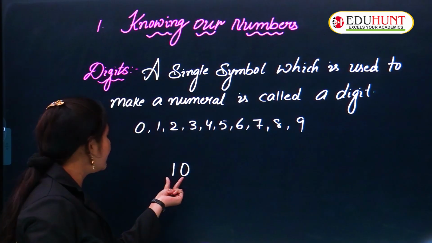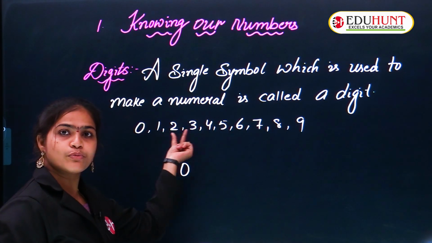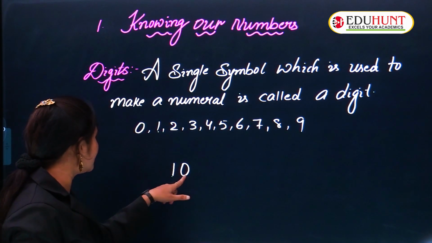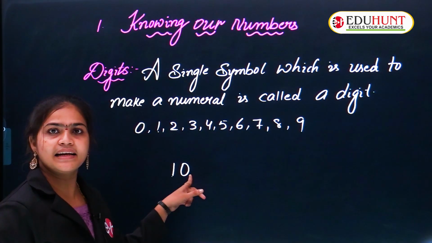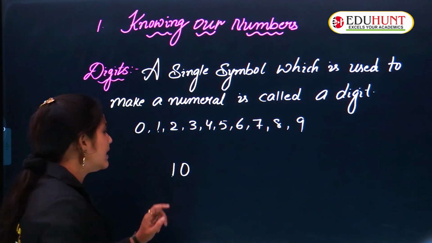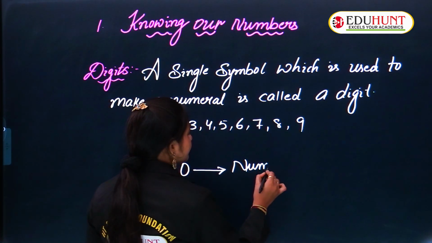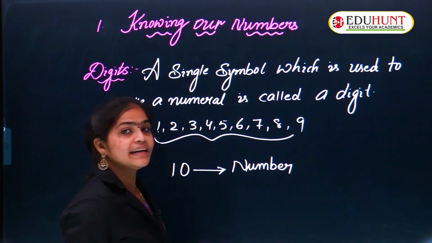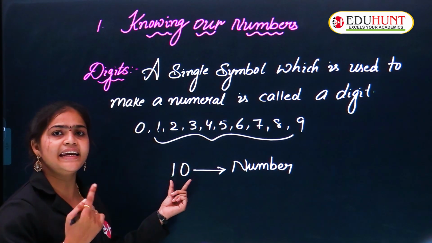Just to say how we wrote that, by using the digits we have here: 1 is here and 0 is here. After 9, what number is there? That is 10. This is a number, 10 is a number. And here 0 to 9 are called digits. By using these symbols only we can form any number.